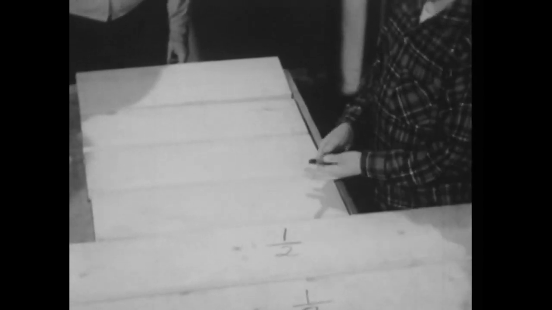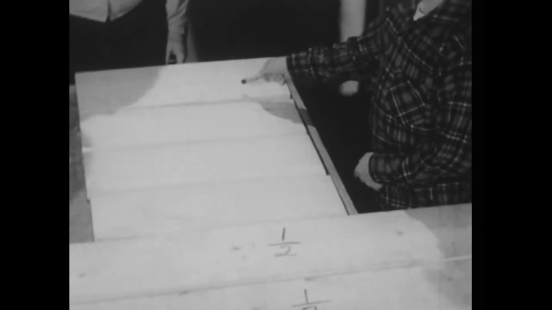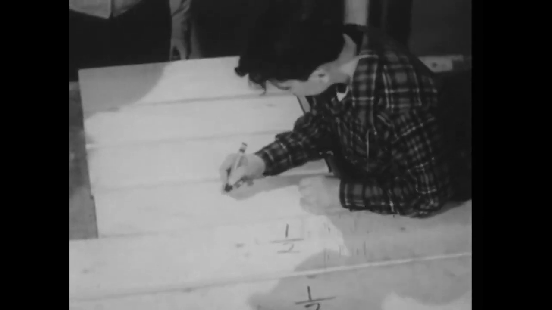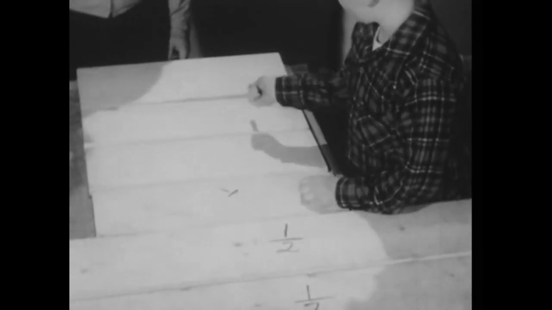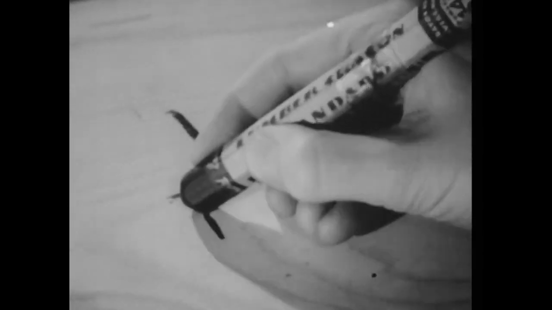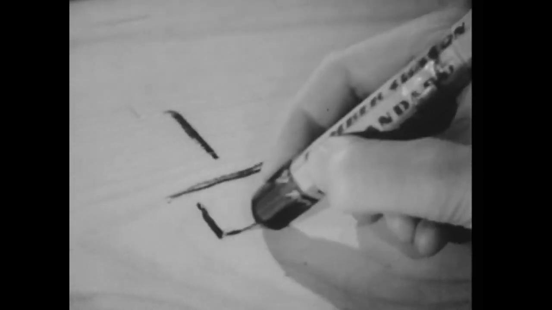1/2. So, when a thing is divided into 4 equal parts, each part must be 1 over how many? That's right, 1/4.